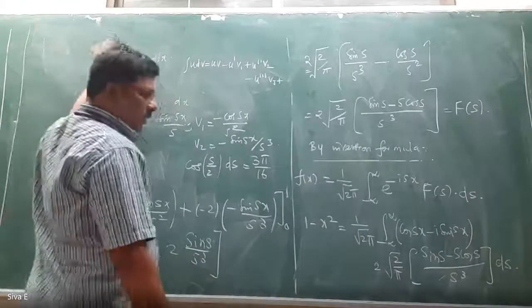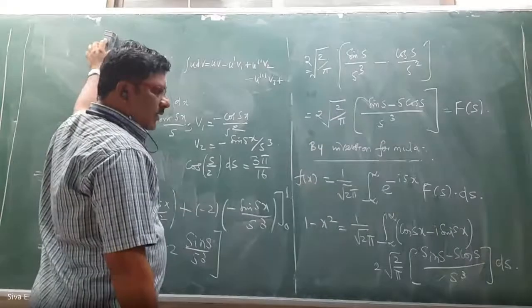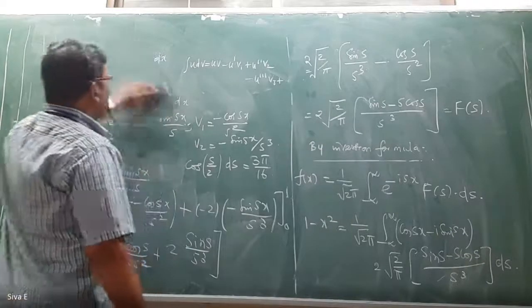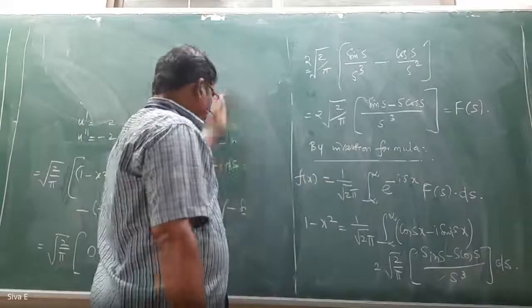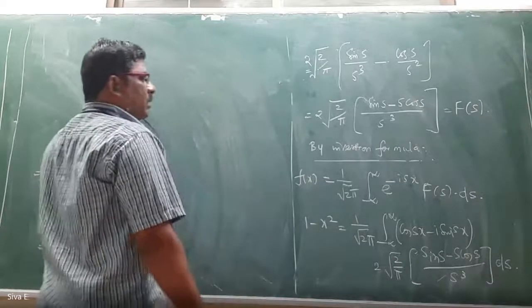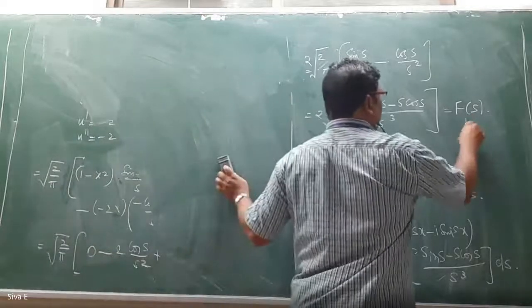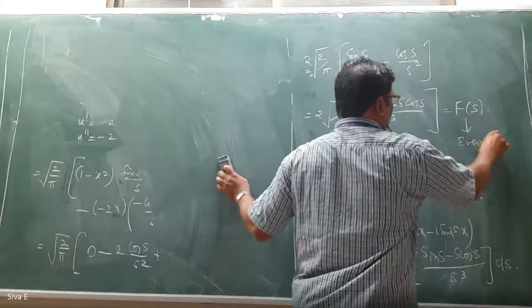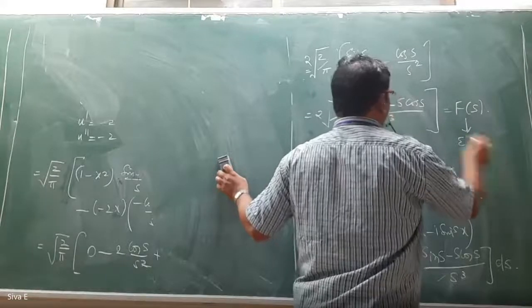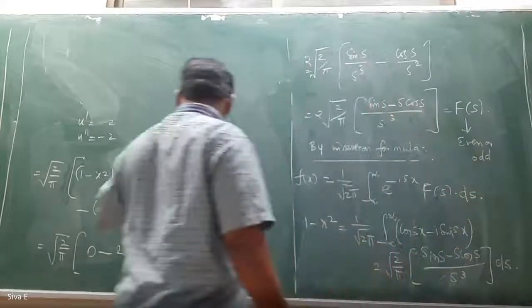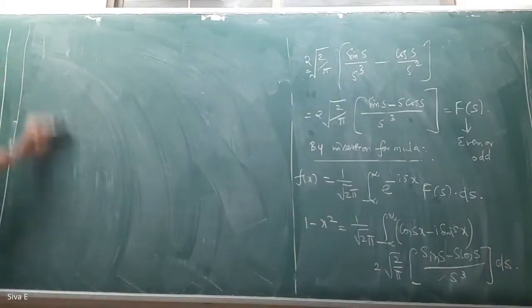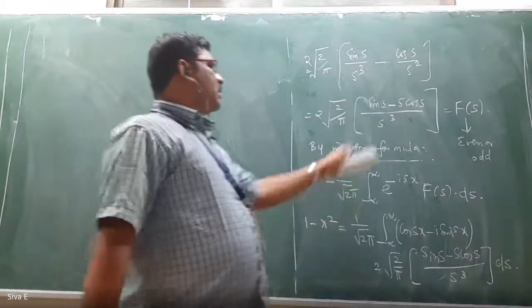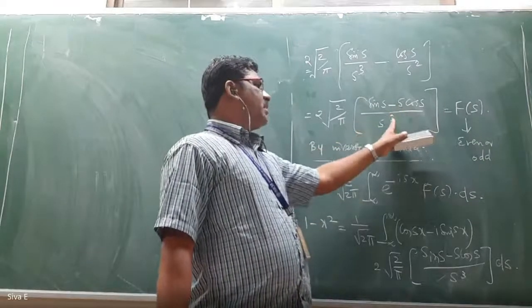We know that cos sx is an even function, sin sx is an odd function. But I am asking a very simple question: is that f of s even or odd? Find whether it is an even function or an odd function. Sin s minus s cos s by s cube is there, isn't it?